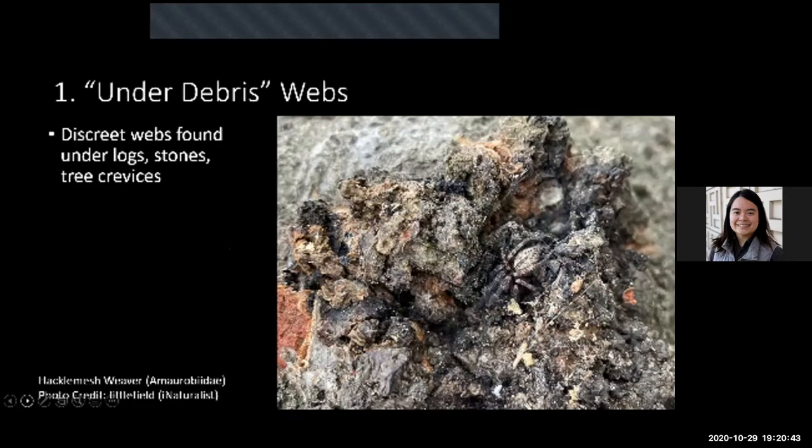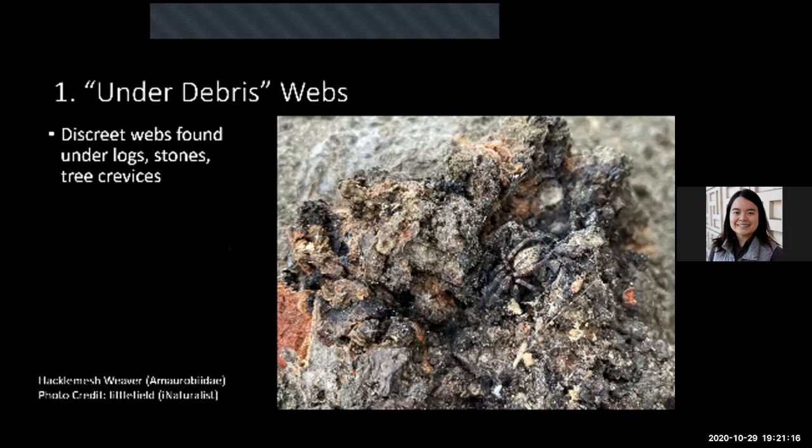So the first one is what I generally call the under debris webs. These are the webs that you find if you turn over a log, or if you peer into the cracks of a crevice. Sometimes if your house walls have a lot of cracks in them, you might see these spiders in between the cracks, and you might see some loose webs draped over the walls or the bark or the rocks.